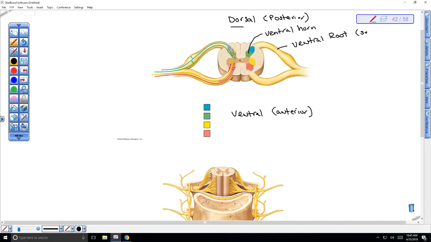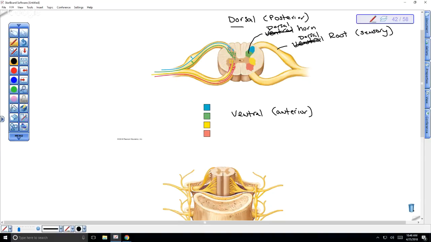And I'm going to put sensory. So all sensory information comes in. Why am I saying ventral? Sorry. Dorsal. Glad I caught that. Dorsal. Okay. So all sensory information comes in via the dorsal root.